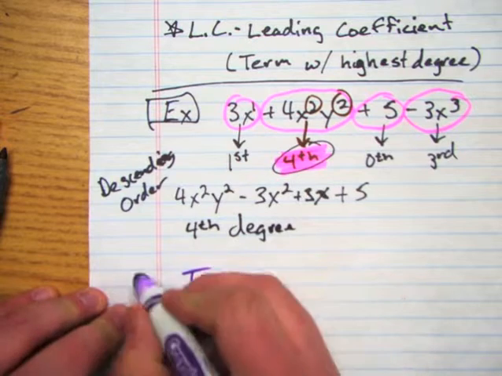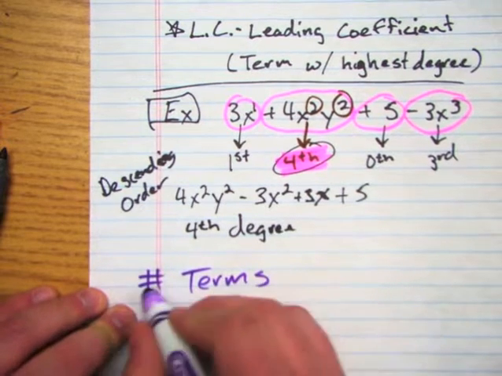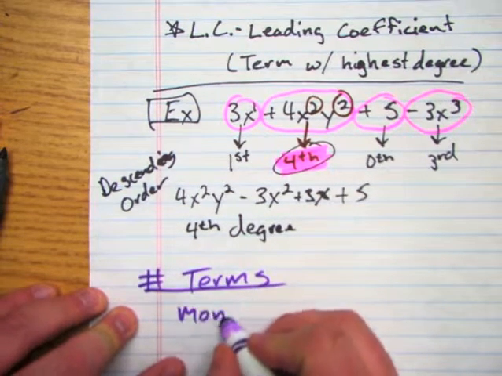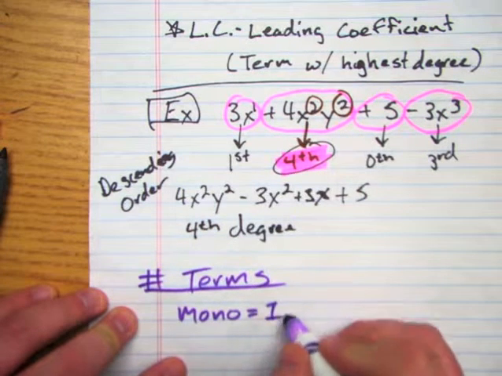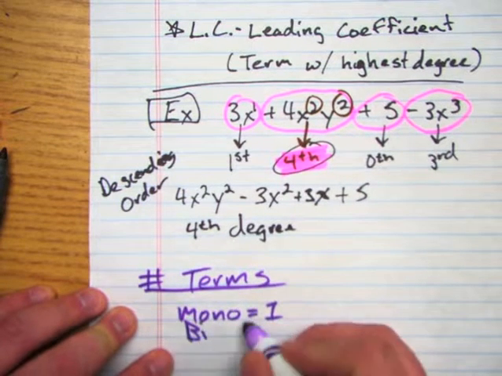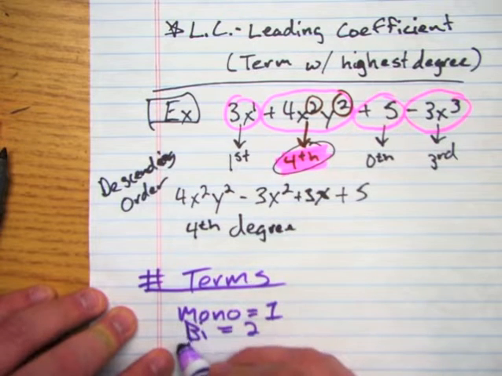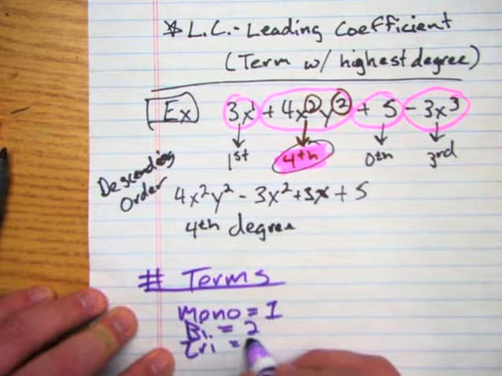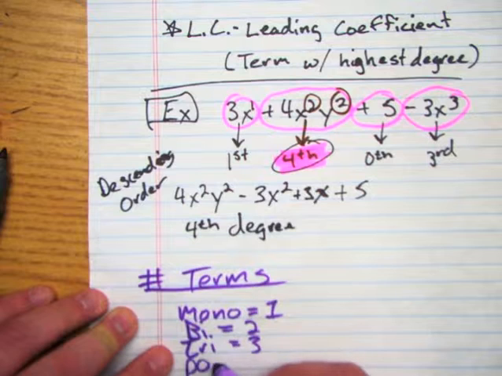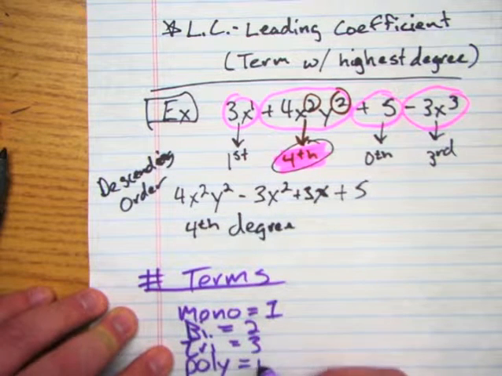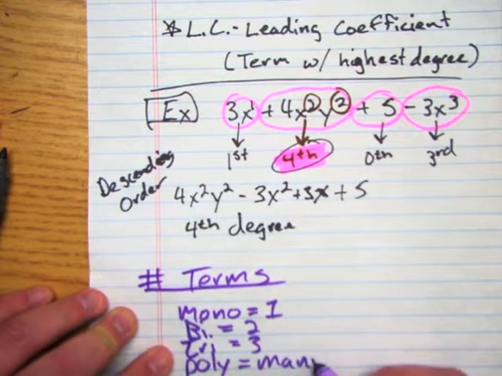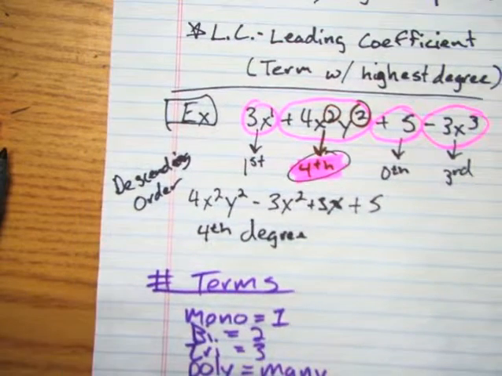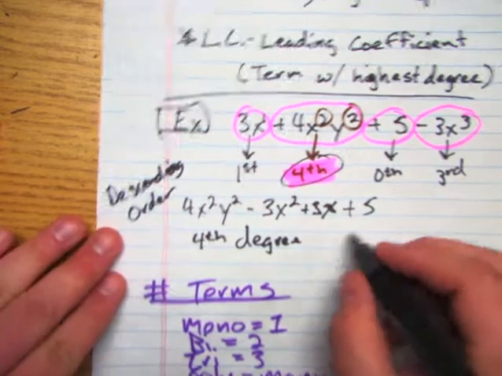When it comes to the number of terms, mono is used for 1, bi is used for 2, tri is used for 3, and then poly is used for anything more than 3, and it means many. So we have 4 terms, so we're going to say that this is a fourth degree polynomial.